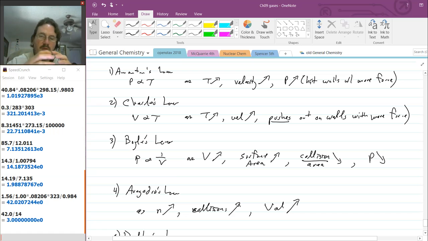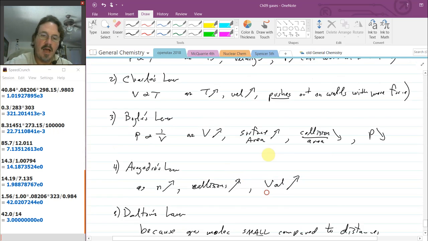If I force a smaller volume, then again, less surface area on the inside, and so the force is being divided by a smaller area, which means pressure is higher. Pressure is force divided by area again. And so from the point of view of the gas molecules, yep, pressure increases. Smaller volume, larger pressure. That's Boyle's law.